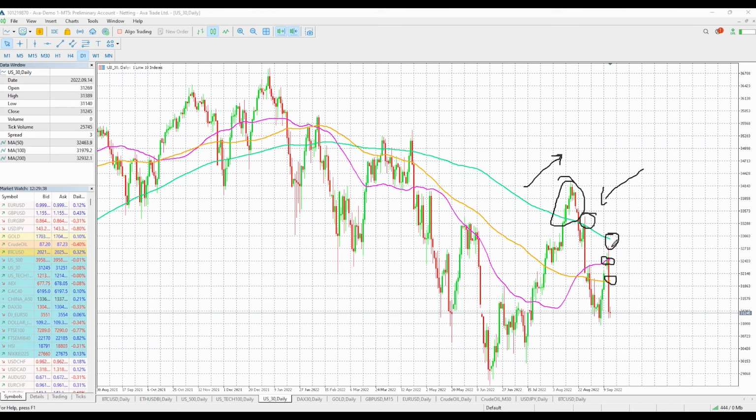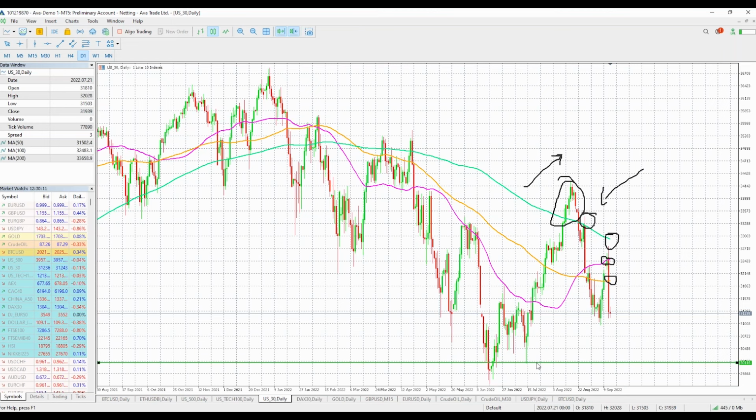So we don't call this one a test, really. This one failed to test the 200-day simple moving average, confirming to us that the prices are showing a bit of weakness, and the path of least resistance is skewed to the downside. Now, what does that mean in terms of our support and resistance levels? I am not focused on this particular price level, because this one right over here, which I'm going to show you on the chart, is already being tested and not likely to hold.